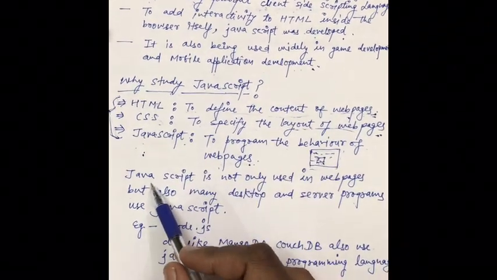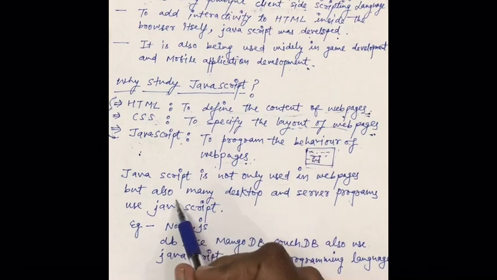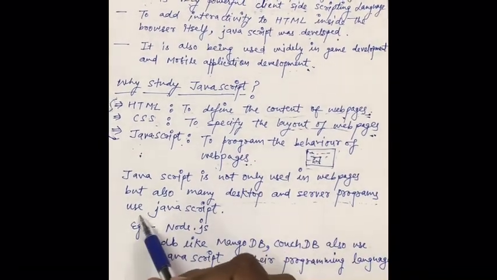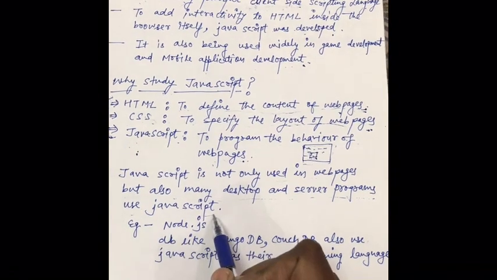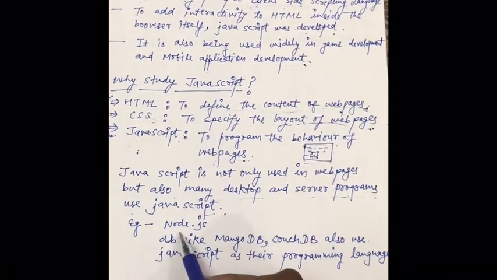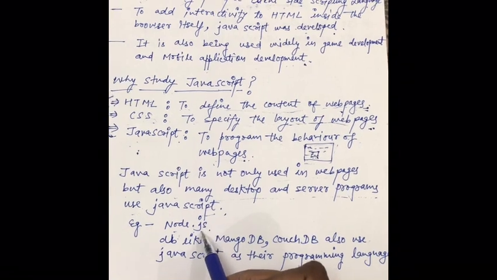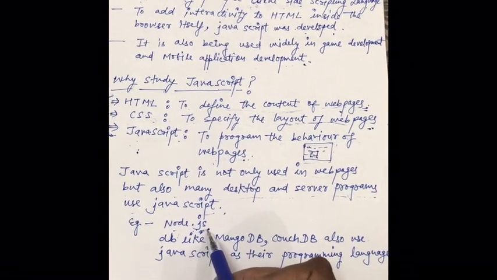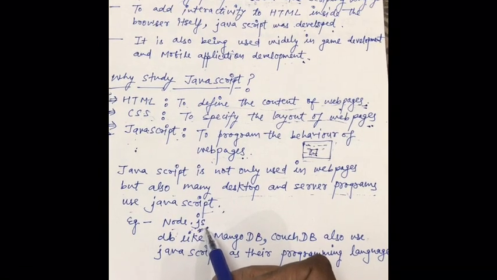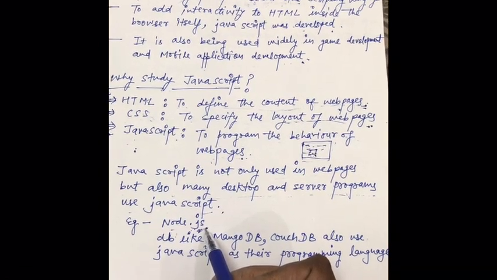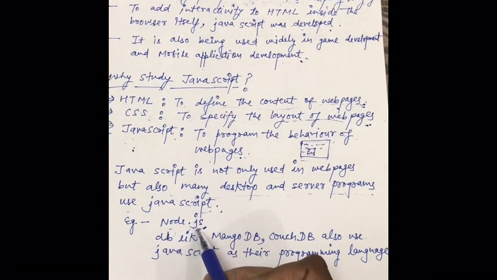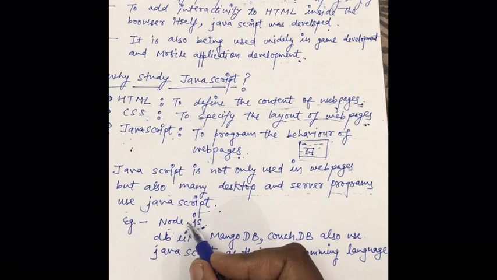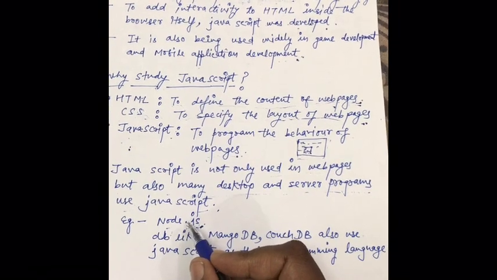JavaScript is not only used in web pages but also many desktop and server programs use JavaScript, for example node.js. Here .js is the JavaScript extension. Whatever files we use, we save them with the extension .js: after the file name you include .js.